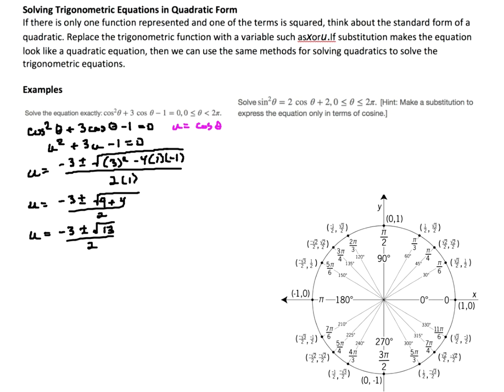So we have a plus and a minus that we have to deal with here.